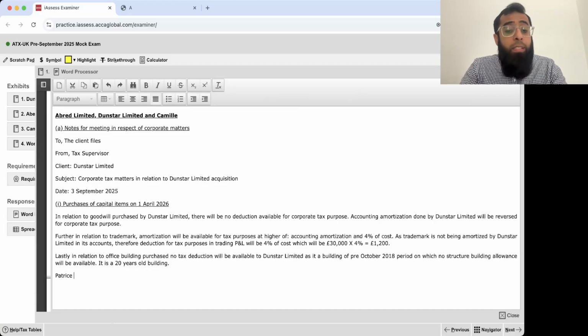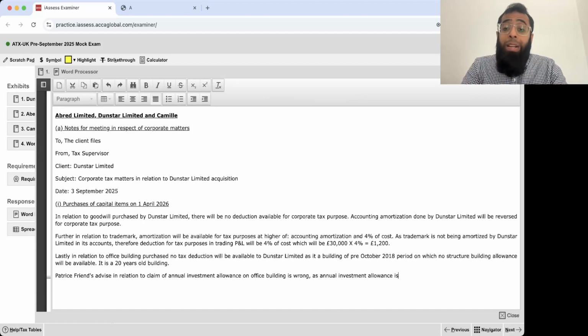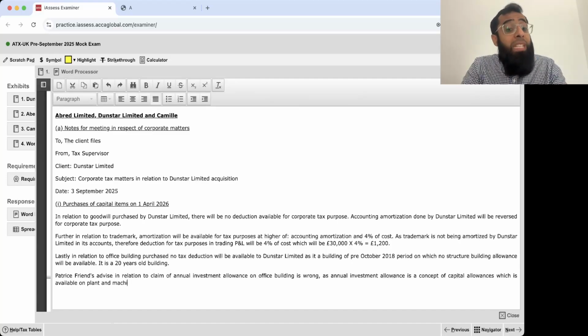Then Patrice friend's advice in relation to the claim of annual investment allowance on the office building is wrong, as annual investment allowance is a concept of capital allowances which is available on plant and machinery.